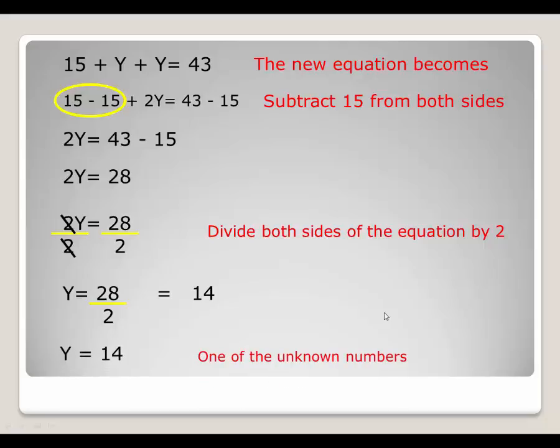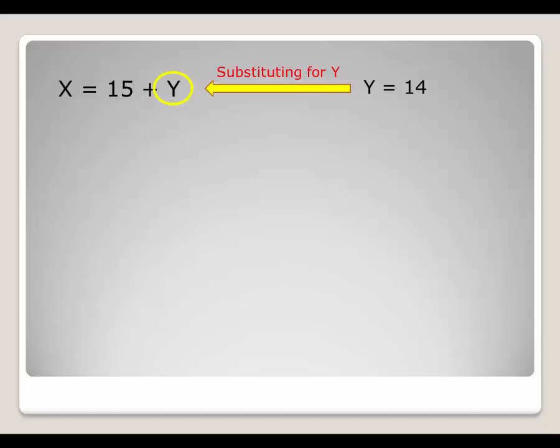With this, we can now solve for the variable x. For this we will use the new equation 2 that we have rewritten in terms of x. That is x equals 15 plus y. All we have to do right now is plug the value of 14 into the variable y so that we can solve for x.